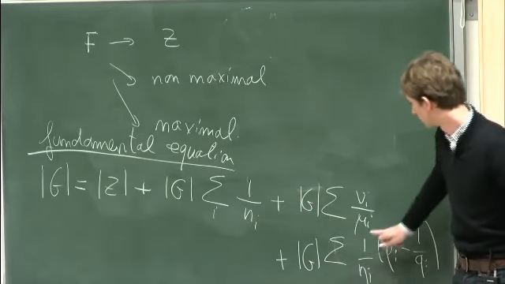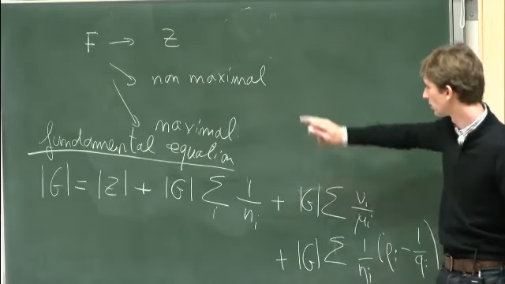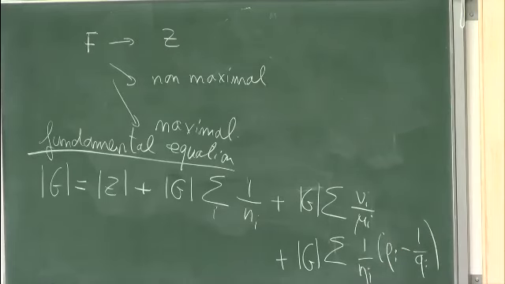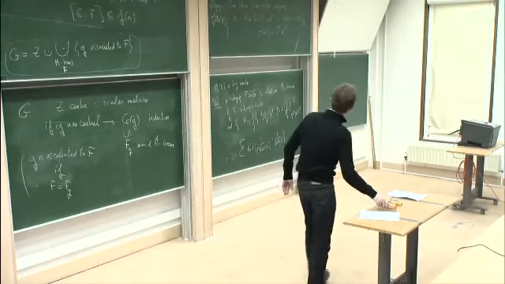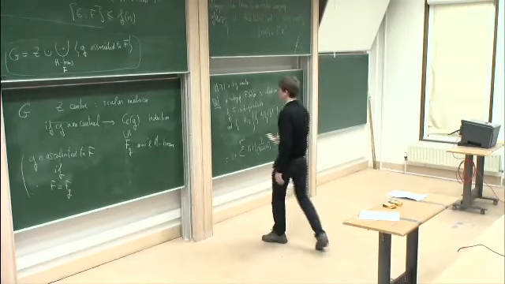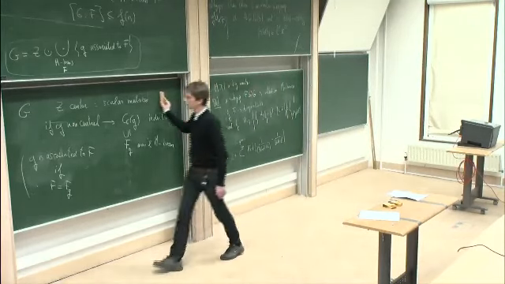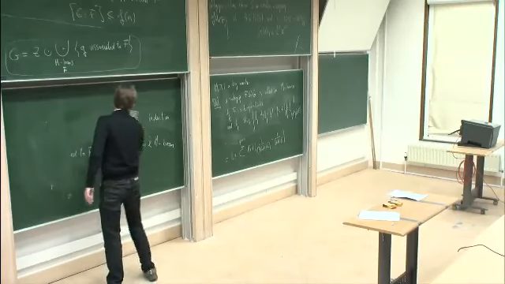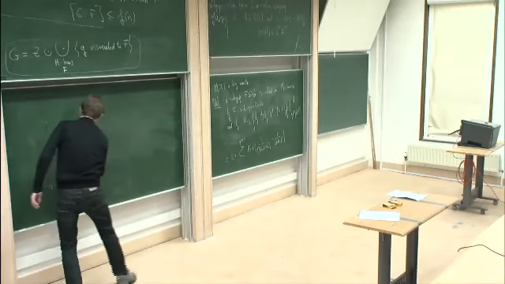This is the part that corresponds to the elements that are associated to a non-maximal beam and to a maximal beam. So you get this big equation, and it takes exactly the same form as for SO3.